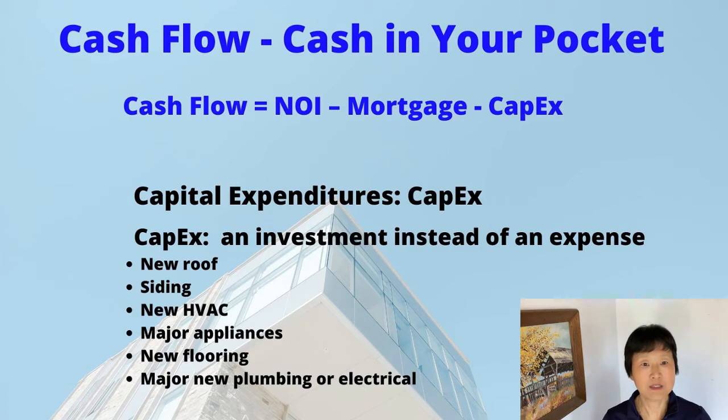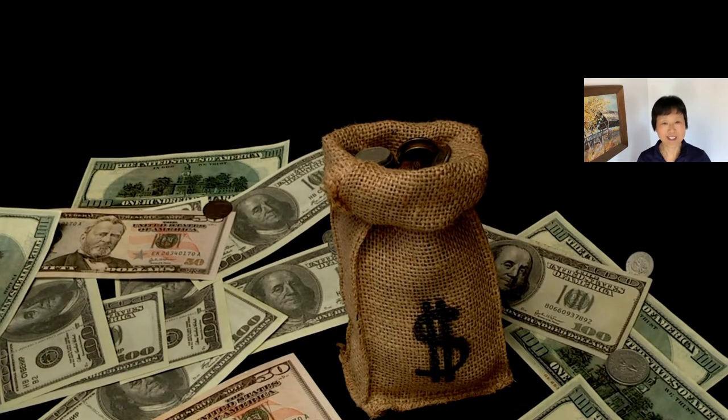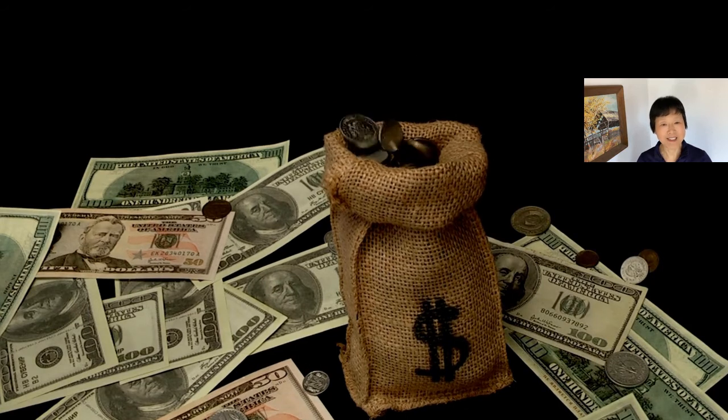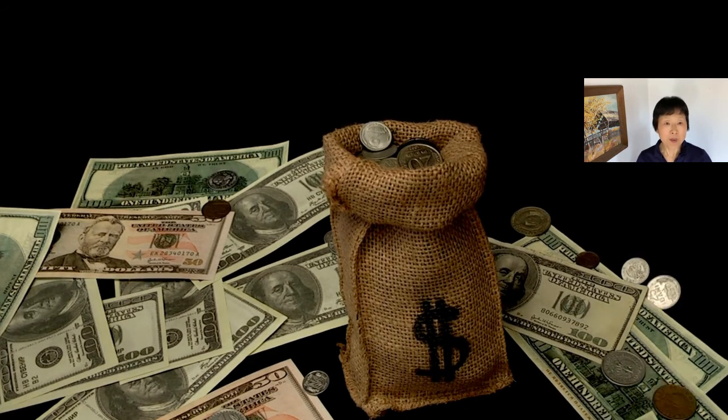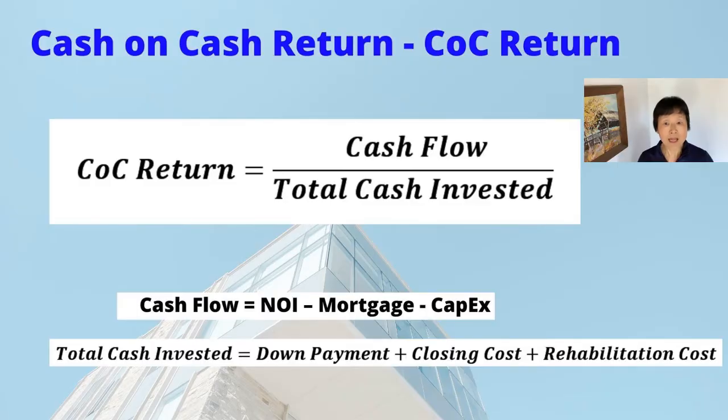CapEx are funds paid for major upgrades and major maintenance of the property. Once we know our cash flow, which is what comes in minus what goes out, we can get the cash-on-cash return. Cash-on-cash return measures the return on the actual cash invested, and is probably the most important return on investment, ROI, we need to look at.